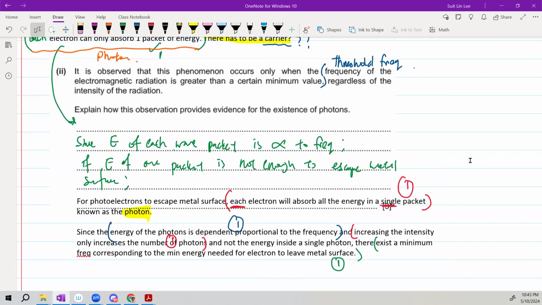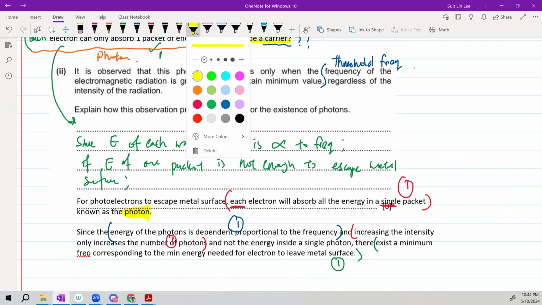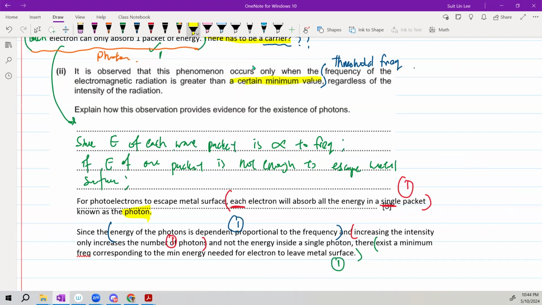We are no longer talking about the fact that the photon exists. We are now talking about why this minimum frequency, the threshold frequency, tells us that there is a photon. Since I already explained the existence of a photon, I will link it to the threshold frequency, because I want to link it to the minimum value.